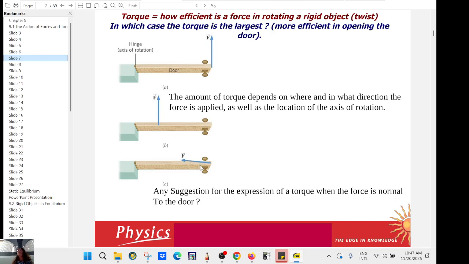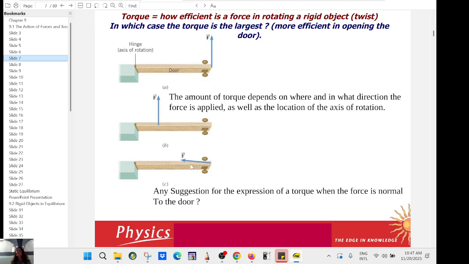And then, does the direction matter? Like if I want to spin and I push toward the axis, is it spinning? No, I'm getting tired, but it doesn't spin. So the direction matters too. So I need some trick. The most efficient will be when the force is perpendicular.